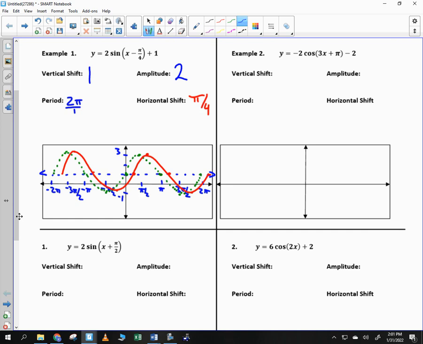Okay, vertical shift, last one. -2, down 2 due to that guy right there. Let's go down 1, 2, on my axis of rotation.